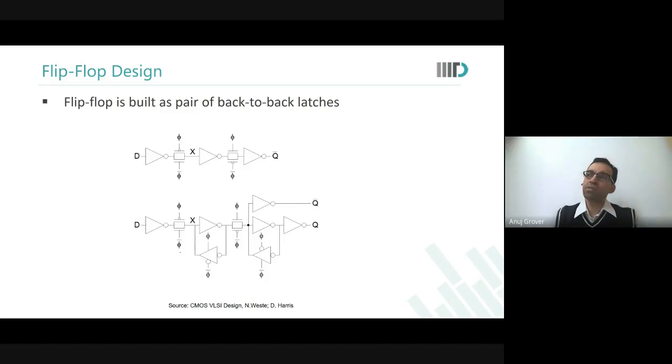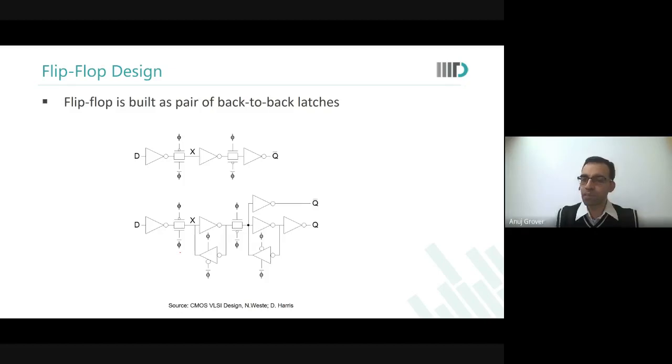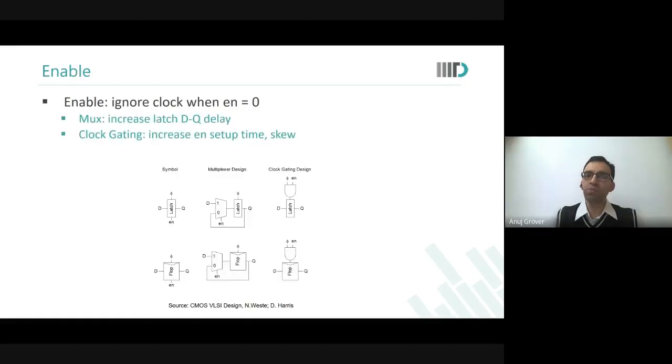Why? Because in a big SOC, the clock would go to every flop. Not every flop needs to act. There are some parts of the SOC which are active, the other parts are inactive. You do not want those flops to toggle and power to be wasted there. So what we need to do is put an enable signal.